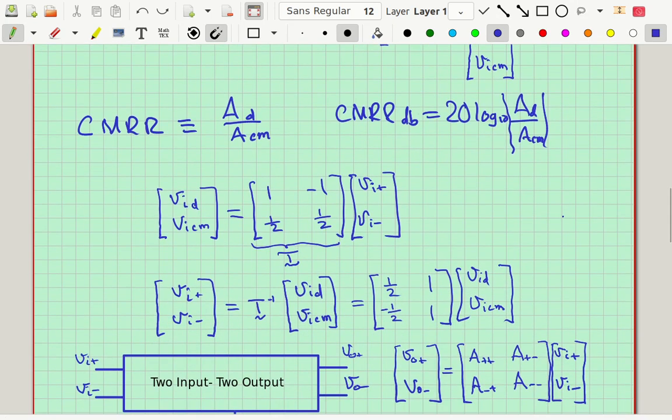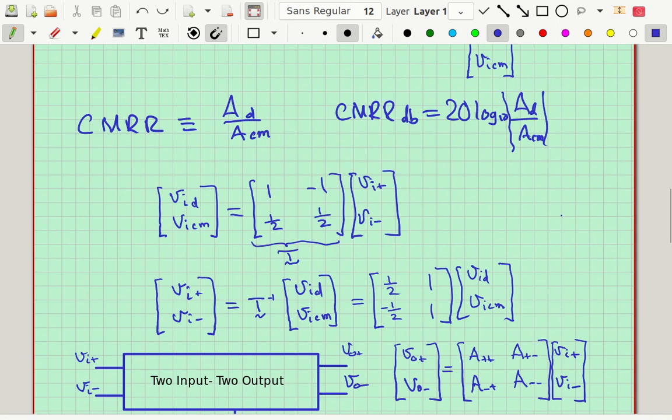Now, we can write the common mode and the differential voltages in terms of the individual voltages on the input, as we've shown before, in a matrix way. You can do it just like that, with this T matrix being the transformation between the input and the output.